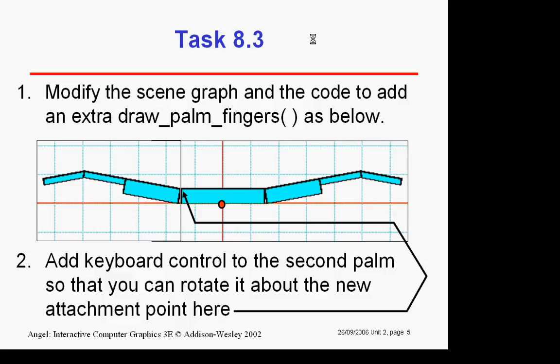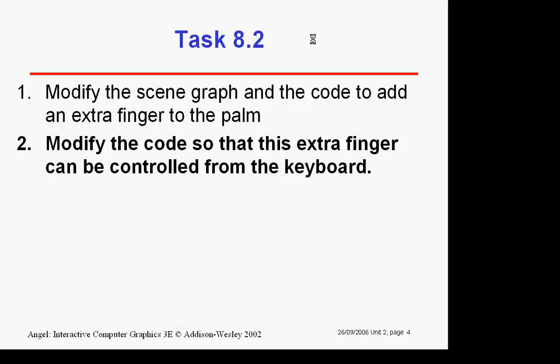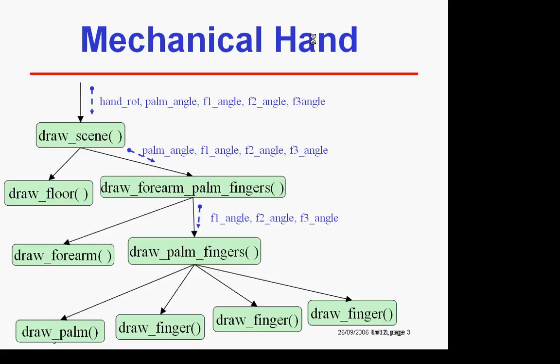Right. So you have to think about, in both cases, adding an extra finger on here and being able to waggle it up and down, and adding an extra palm finger system on the other end of the forearm. You have to think about how the parameters are going to flow through and where the node is going to be attached to the scene graph.